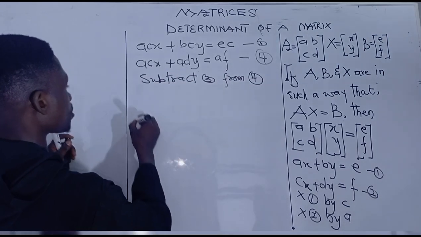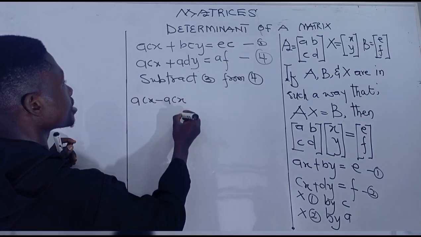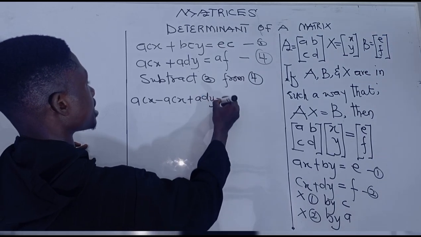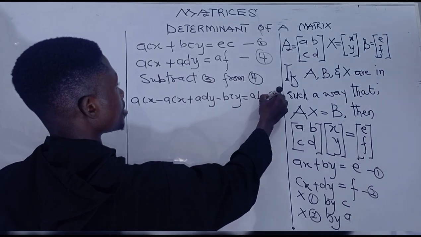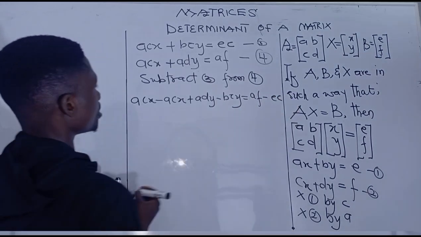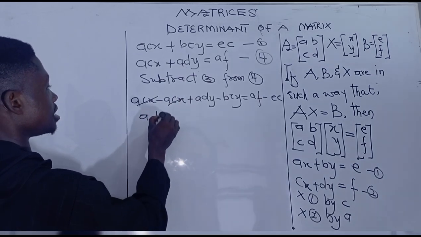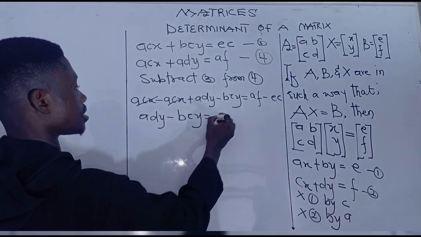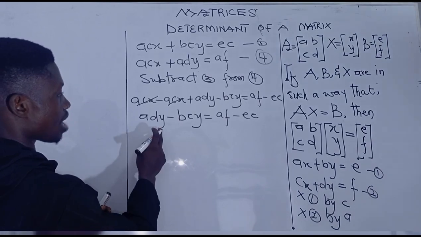That gives us ACX minus ACX plus ADY minus BCY is equal to AF minus EC. From here, you can see that the ACX terms cancel. We have ADY minus BCY equal to AF minus EC.